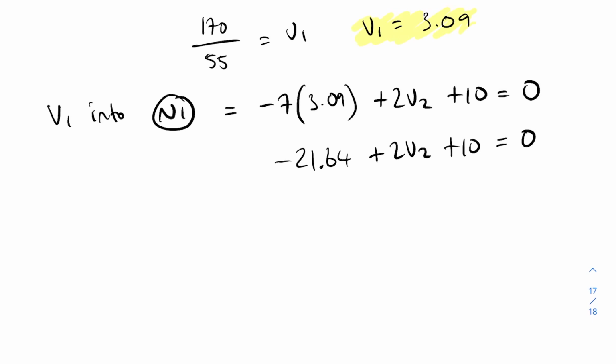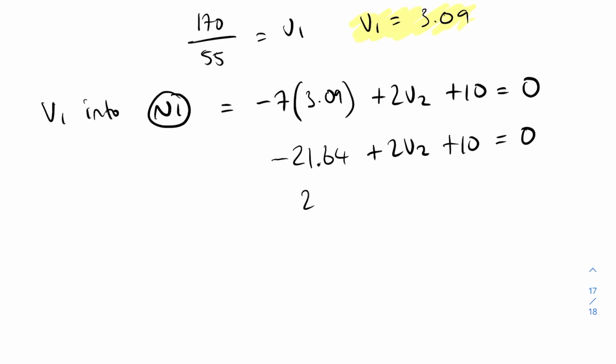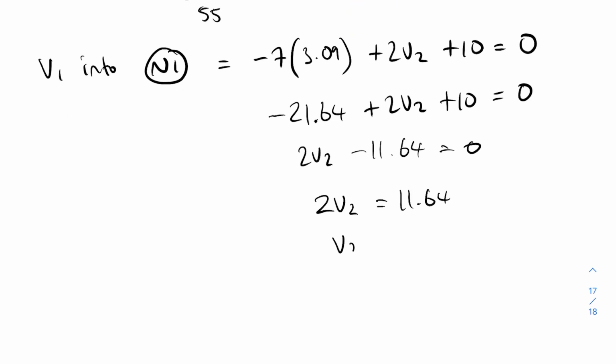Now we just need to simplify this. 2V2, and then minus 11.64, because we're basically doing minus 21.64 plus 10 is equal to minus 11.64, which is equal to 0. And then we've got 2V2 is equal to 11.64, because we're just adding 11.64 onto both sides, and then divide by 2. That gives us, what's that, let me grab a calculator.